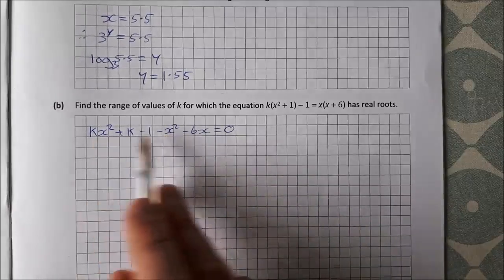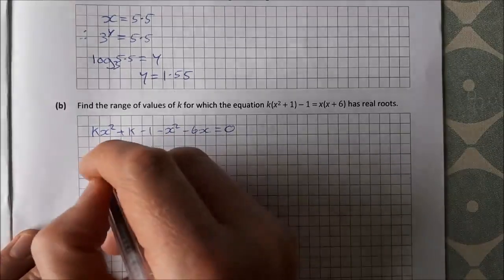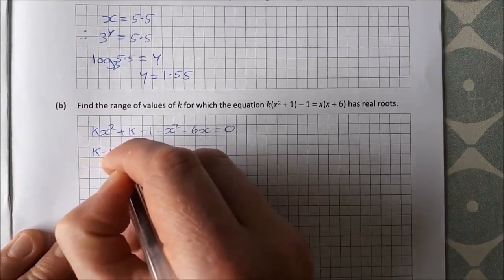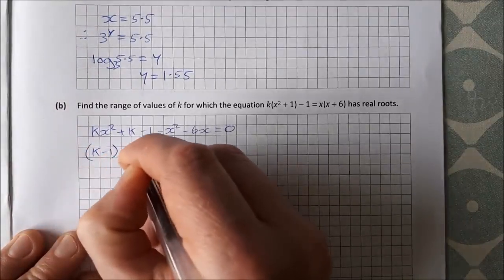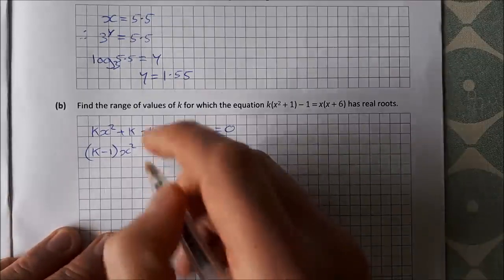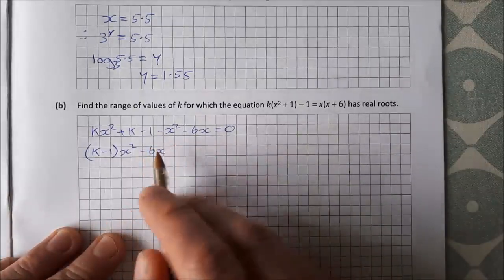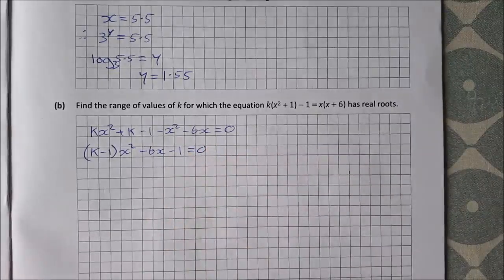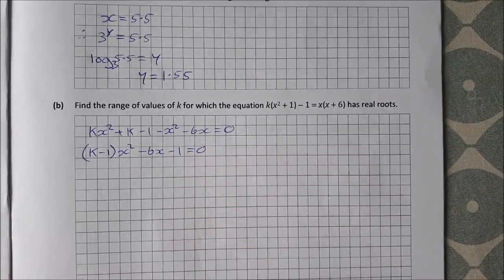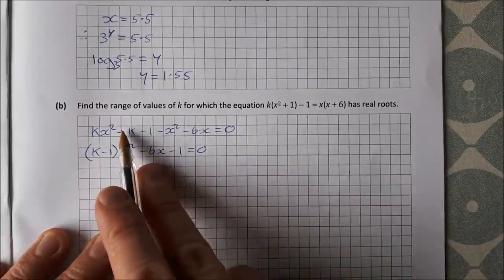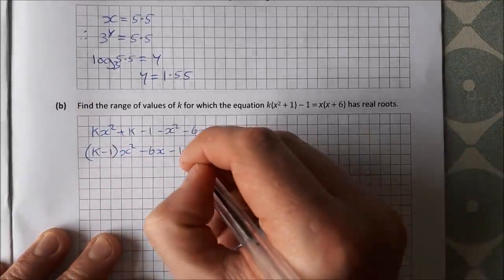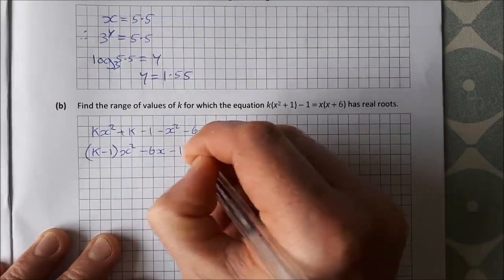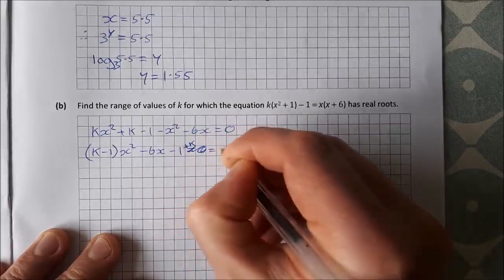So I have kx squared minus x squared. That's k minus 1 times x squared. Then I have minus 6x and I have minus 1 equal to 0. Oh, sorry, I have a k there as well, so it's minus 1 plus k is equal to 0.